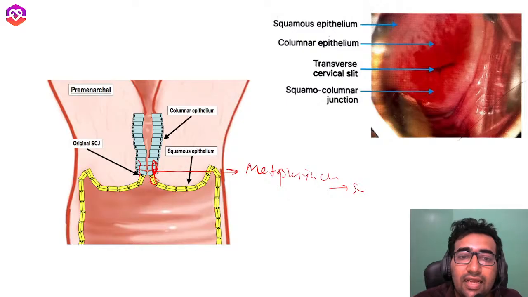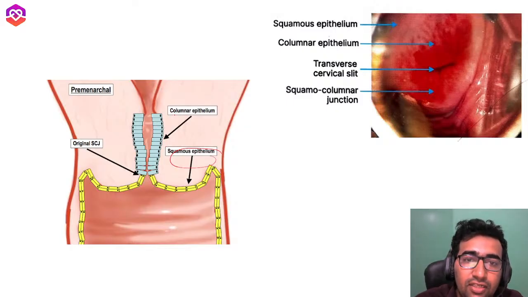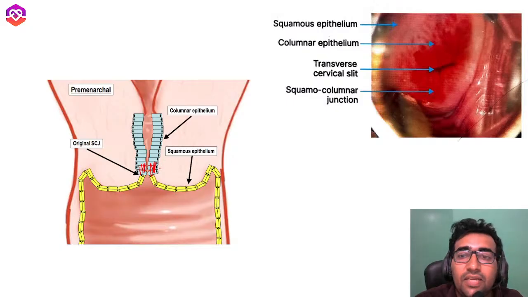That will produce a squamous region inside the endocervix. Actually, this yellow color you can see is squamous epithelium, and this color is columnar epithelium. So there is a squamo-columnar junction, but if this region becomes squamous, that means metaplasia has happened.